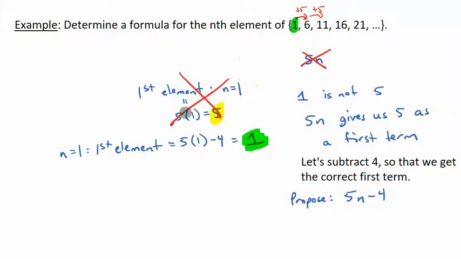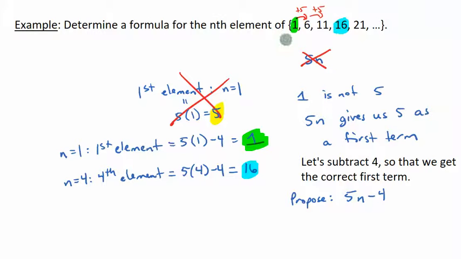Let's randomly check a different element, like the fourth element. Our fourth element should be 16, so let's see if it's correct. I'll plug in 4 to this formula, so I get 5 times 4 minus 4, which is 20 minus 4, which is 16. Lo and behold, we do get the correct fourth term.